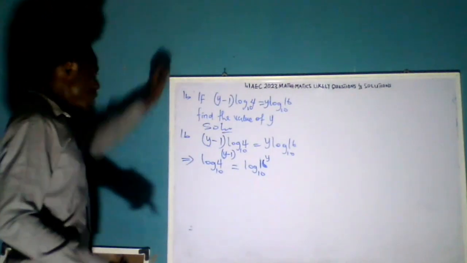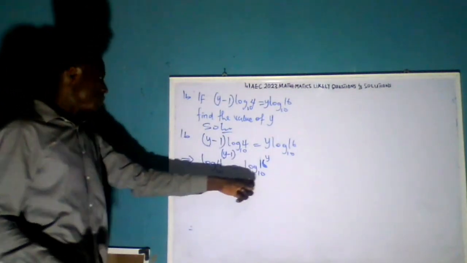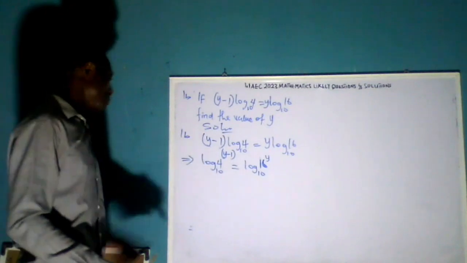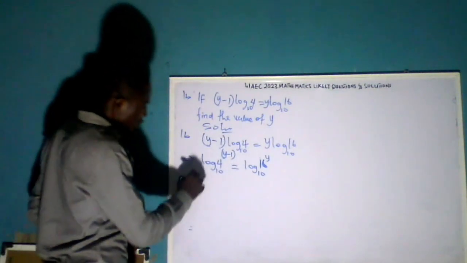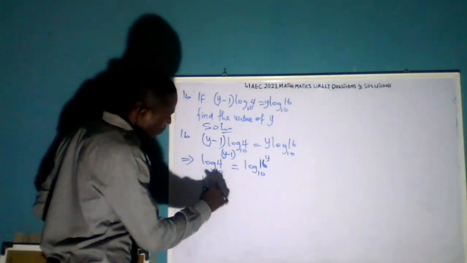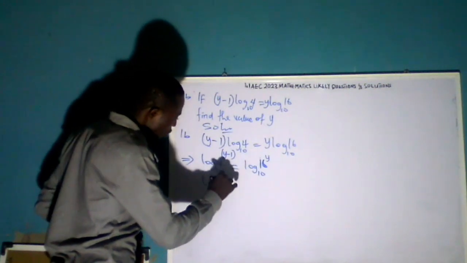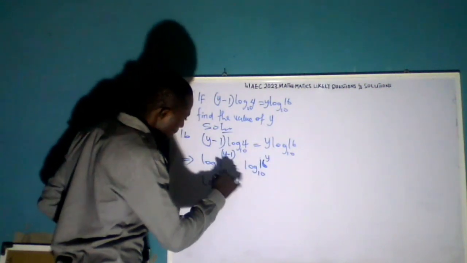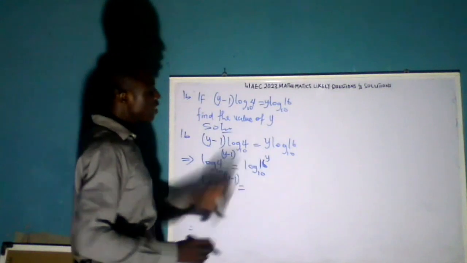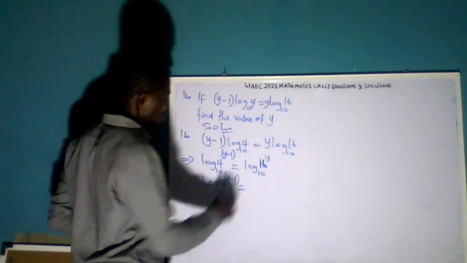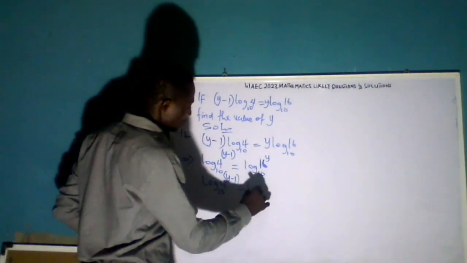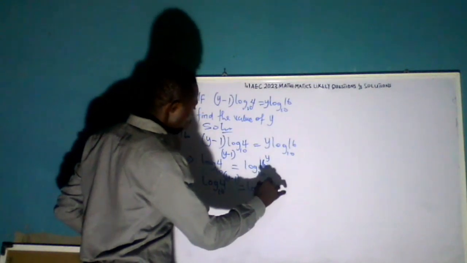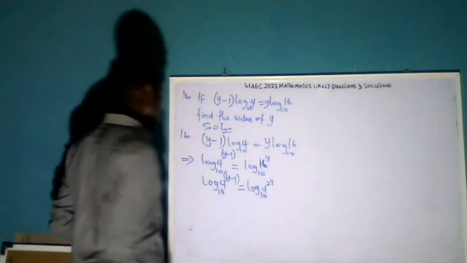Now let's look at a way of expressing this side to be the same log as this. So you have log to base 10 of 4 raised to power (y minus 1) equals, don't forget 16 can be expressed as 4 raised to power 2, so that you have log of 4 raised to power 2y to base 10.